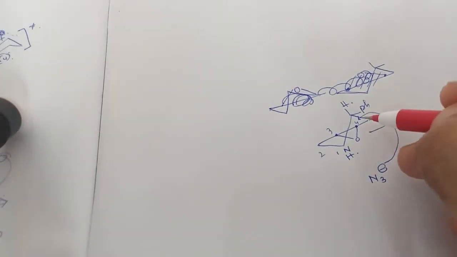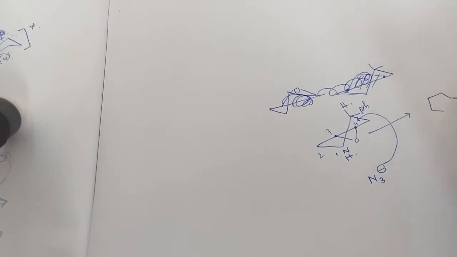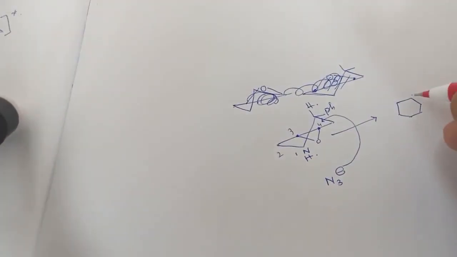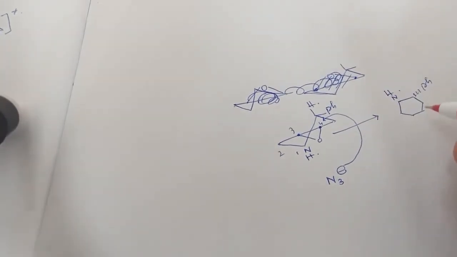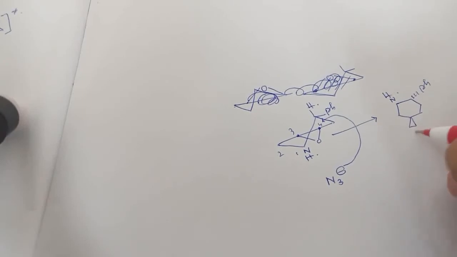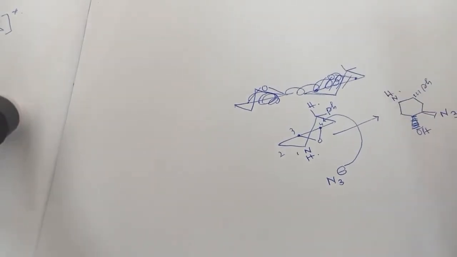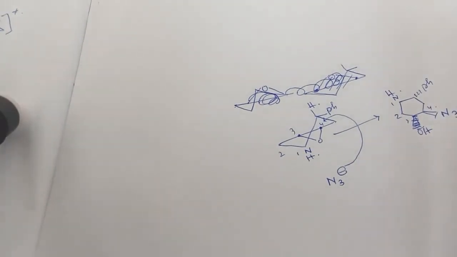So it will attack from the 4 side, and the expected product will be this, this will be below and this will be above. Okay, 1, 2, 3, 4. Okay, so this is the product.